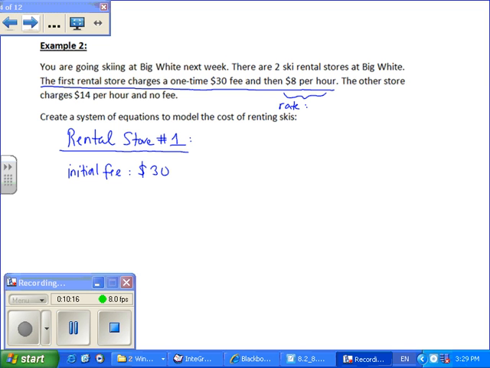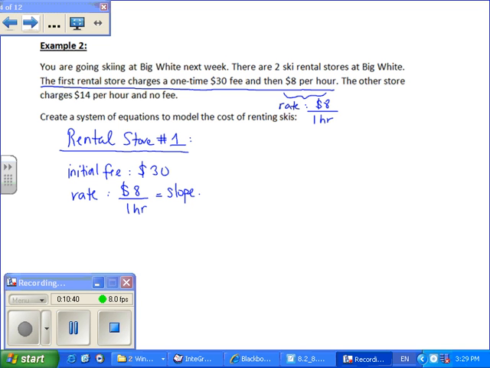This is a rate, $8 over 1 hour. So we have a rate of $8 per every 1 hour. $8 per hour is a rate, which tells me that's also going to be my slope. Okay, that's a constant rate.